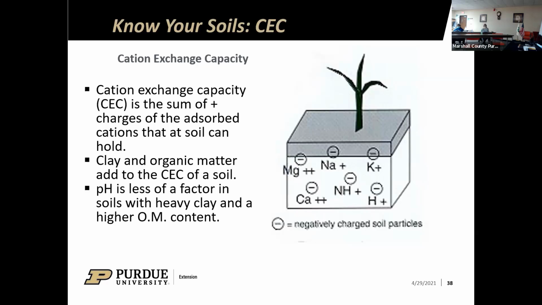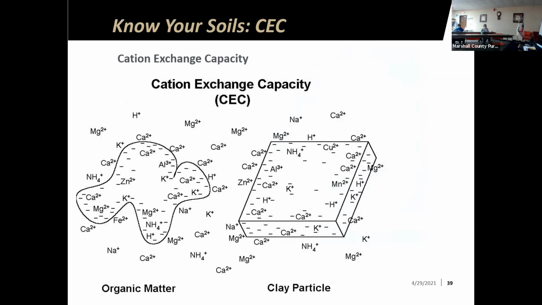NH4 would be ammonium, which is held onto the soil until it is changed by the soil to another molecule. This is again just showing a picture of a clay particle and organic matter.